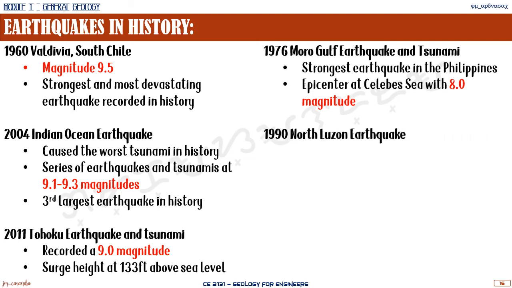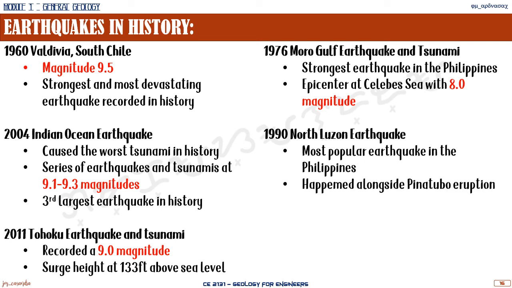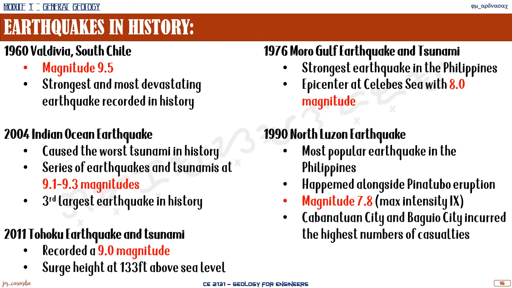And then in 1990, we have the North Luzon earthquake, which is the most popular earthquake in the Philippines. It happened alongside the eruption of Mount Pinatubo. So its magnitude was recorded at 7.8 with maximum intensity of 9.